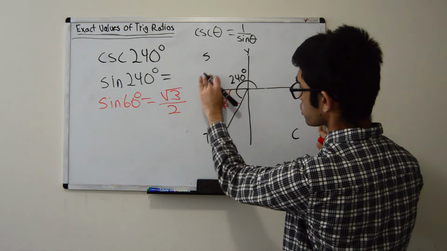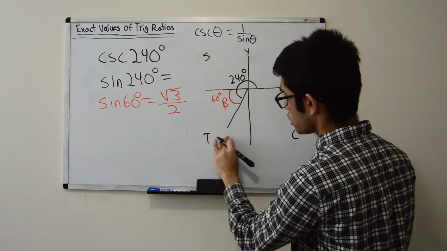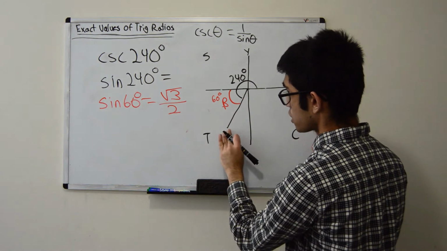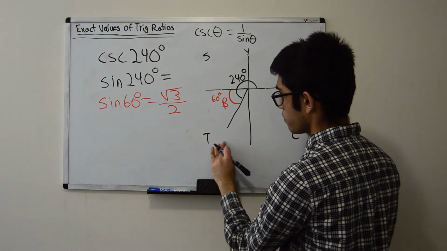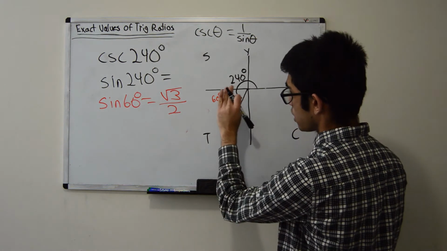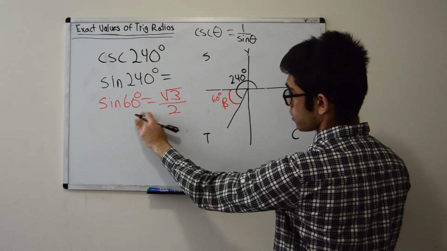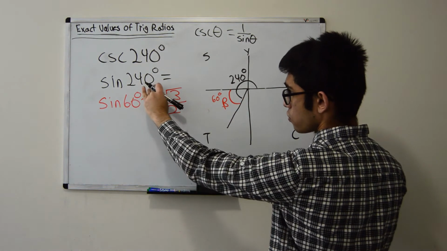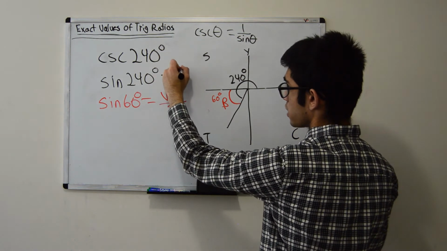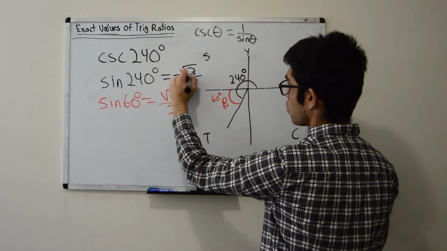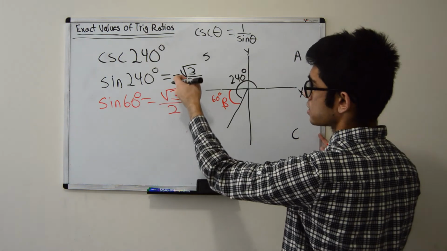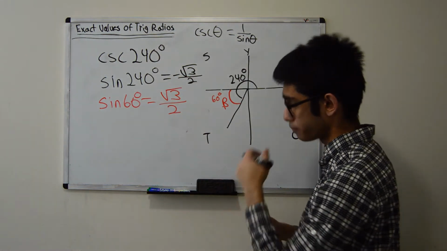Only sine is positive in this region. Only tangent is positive in this region. So sine of 240 has to be negative, right? Because only tangent is positive. And I know sine of 60 is the same magnitude as sine of 240, but I'm going to write negative square root of 3 over 2, right? Because that is what I am computing.